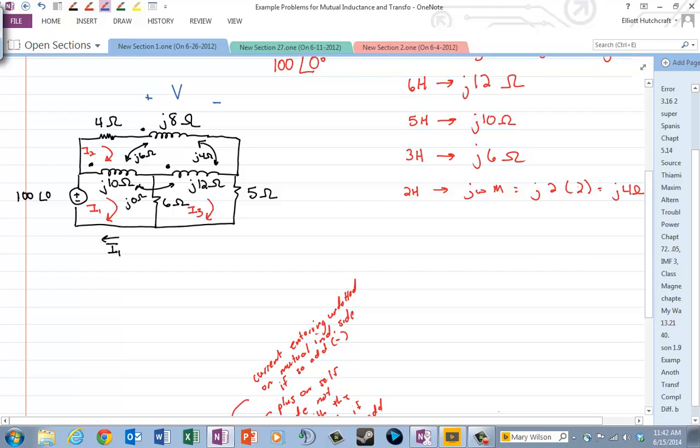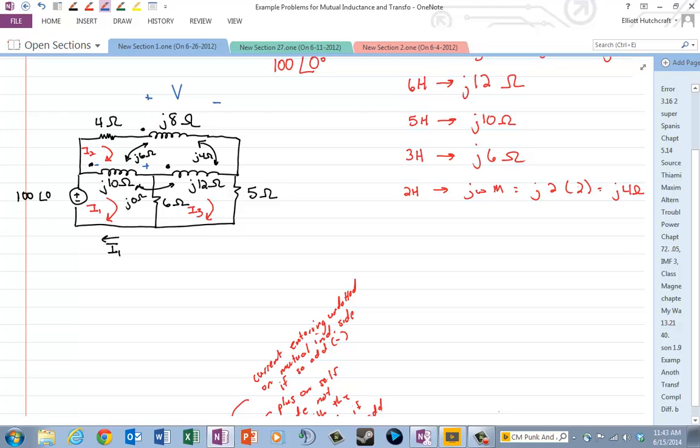That voltage is with the dot, so I'd leave it that way. But what if they wanted to know the voltage right here across that 10 ohm? Well, I likely would not label it that way. I'd label it the opposite way because that voltage is not with the dot of that inductor. And then in the end, I would just flip the sign on the voltage that I got.